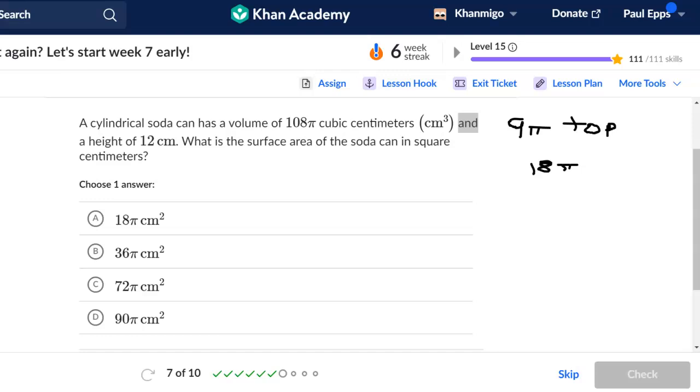So we have a height of 12 and a circumference of 6 pi, and that comes out to 72 pi, plus 18 pi for the top and bottom, and the total should be 90 pi.